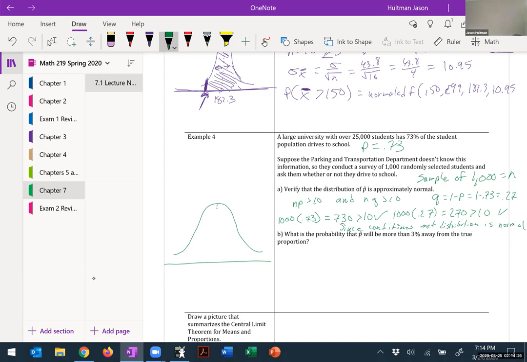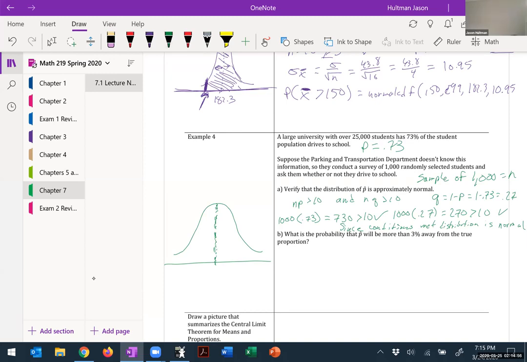Well, the mean of the sample proportions is equal to the true proportion, so the mean of P hat is equal to P. What was the true proportion? The true proportion was 0.73.